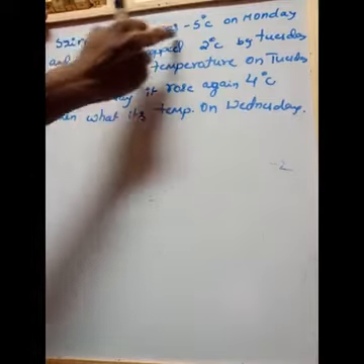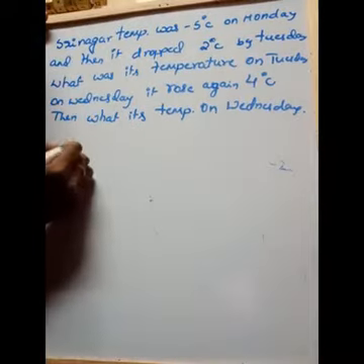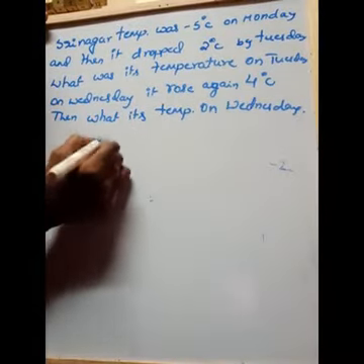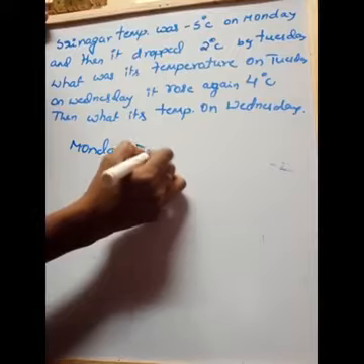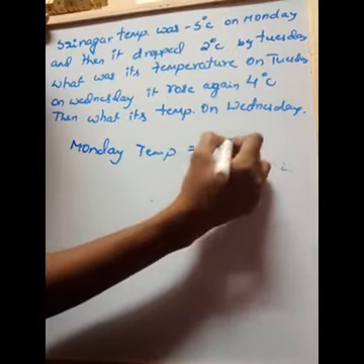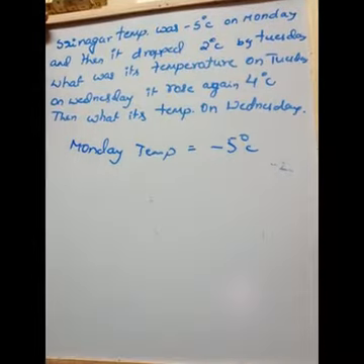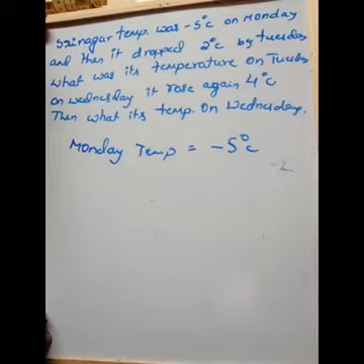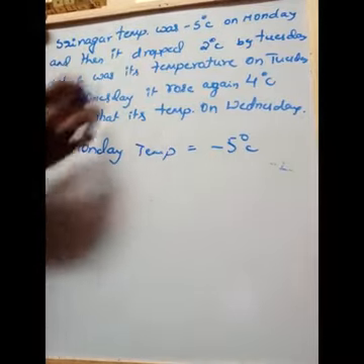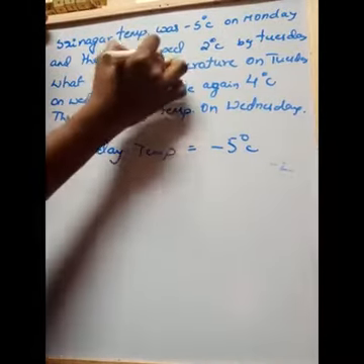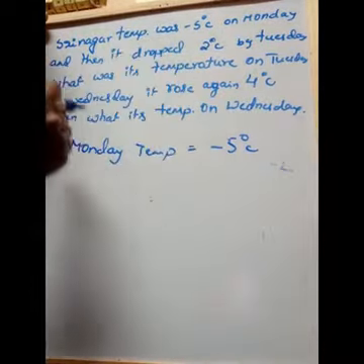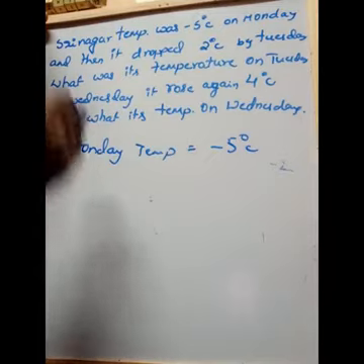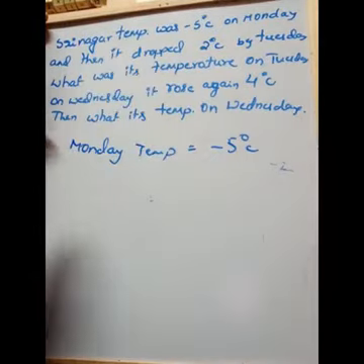You have to find the temperature on Tuesday and the temperature on Wednesday. First, what is the temperature on Monday? Monday's temperature is minus 5 degrees centigrade, which means below freezing point. And then it dropped. Observe this word, dropped. Dropped is nothing but negative sense. So you have to give a negative sign.